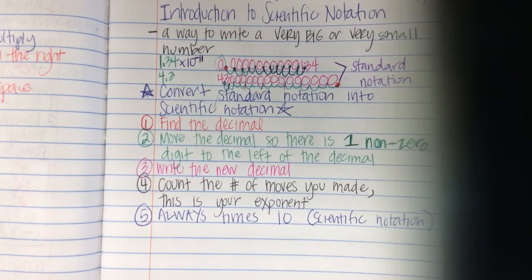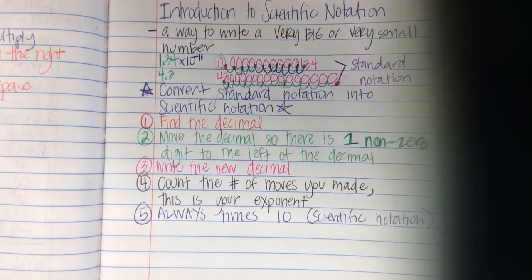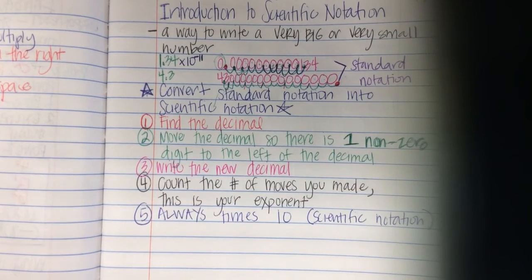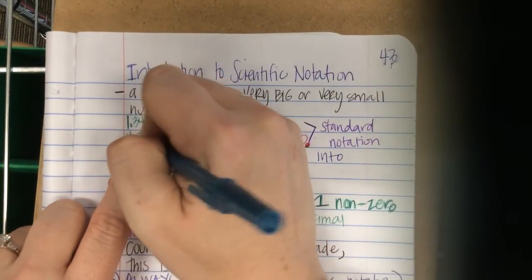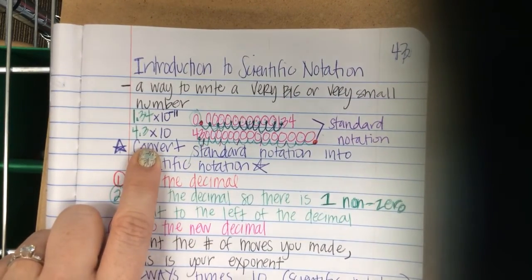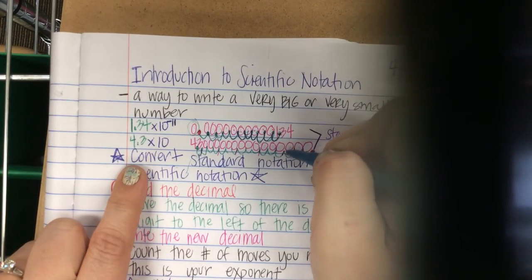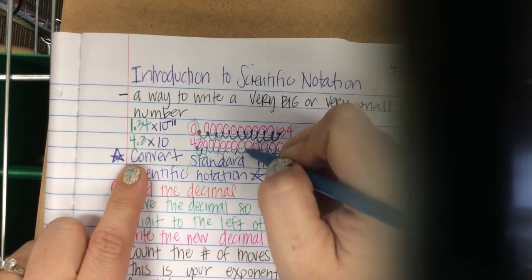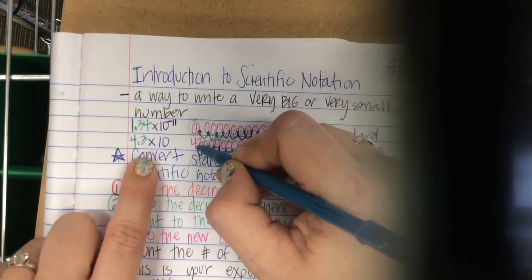See if you can figure out that bottom one, the second example that we did. So it's 4.3 always times 10. And let's see, I moved it 1, 2, 3, 4, 5, 6, 7, 8, 9, 10, 11, 12, 13, 14, 15, 16.